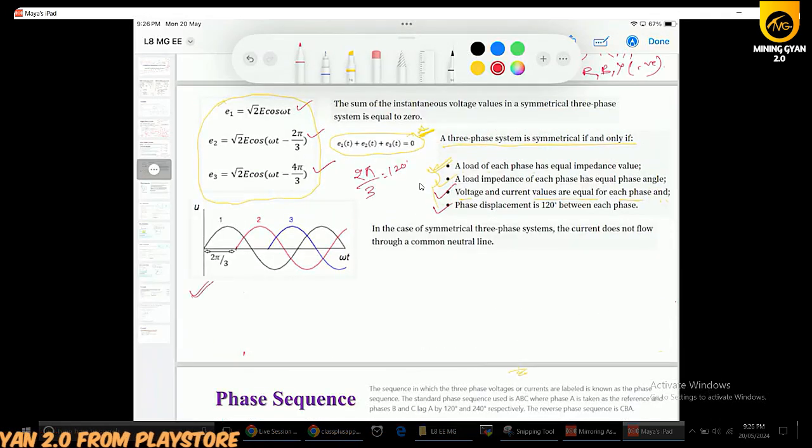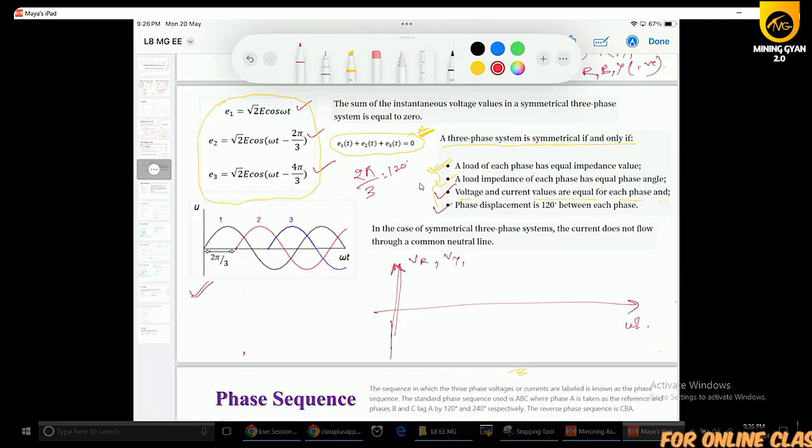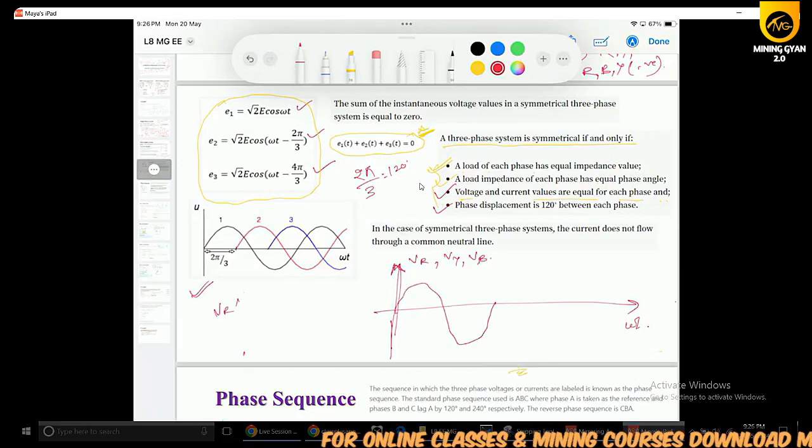Now this is the waveform. Let us say we want to represent our three-phase sources VR, VY, and VB in this diagram. VR is at an angle of 0. So this is VR.